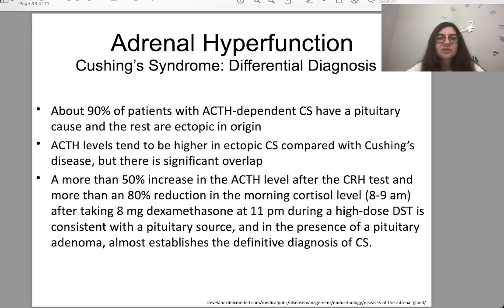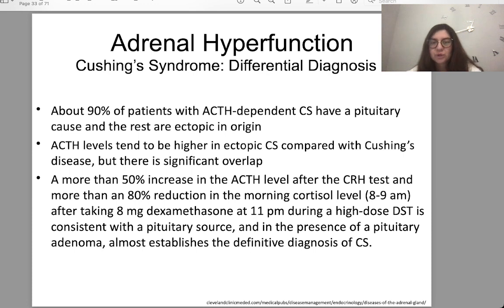About 90% of patients with ACTH-dependent Cushing have a pituitary cause, and the rest are ectopic in origin. ACTH levels tend to be higher in ectopic Cushing syndrome compared with Cushing's disease, but there is significant overlap.